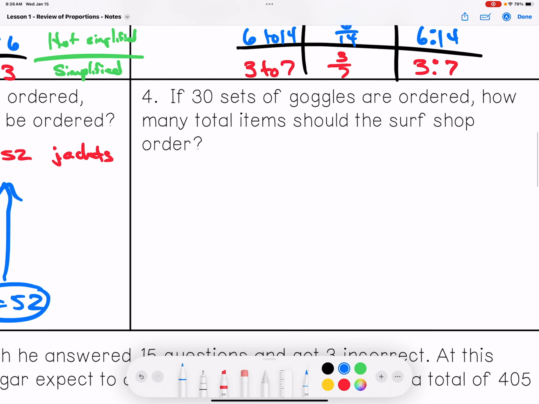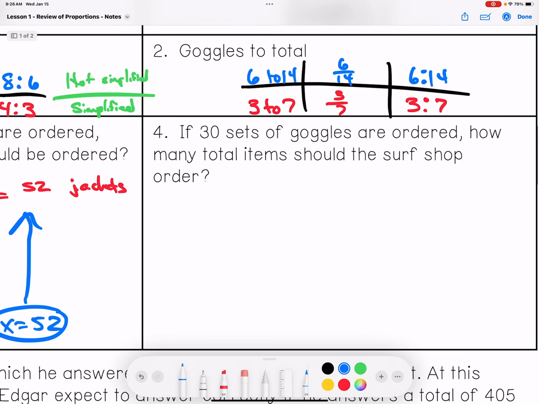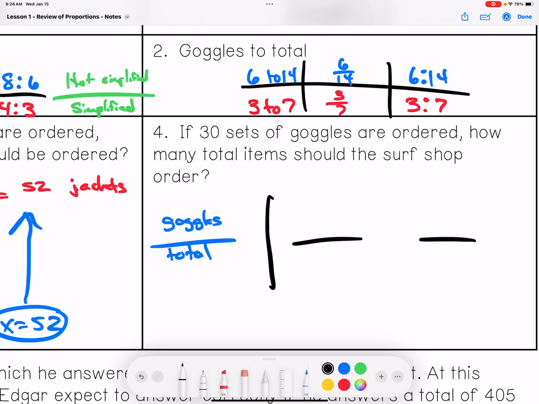All right, moving on. The next problem. If there's 30 sets of goggles ordered, how many total items should the surf shop order? Well, first of all, there's going to be goggles and total. So we're ordering 30 goggles.